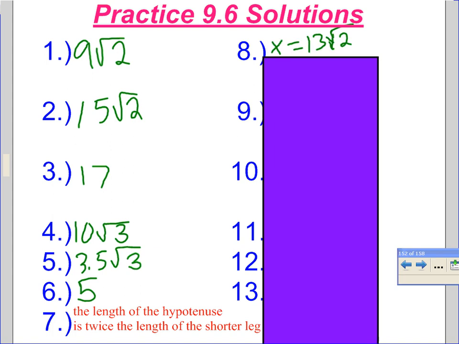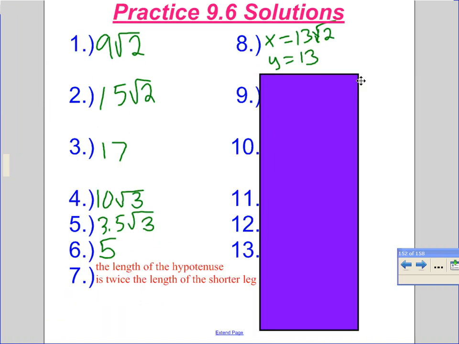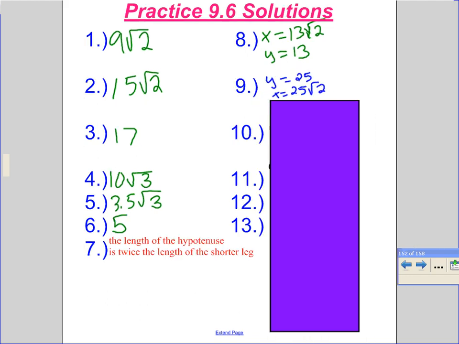Good job. So number 8, we have x equals 13 square root of 2 and y equals 13. Number 9, Abigail. Good. 25 and then 25 square root of 2. Ben, number 10.